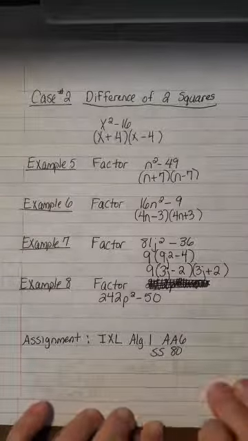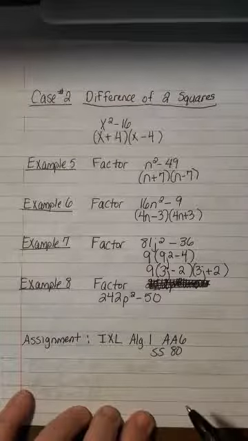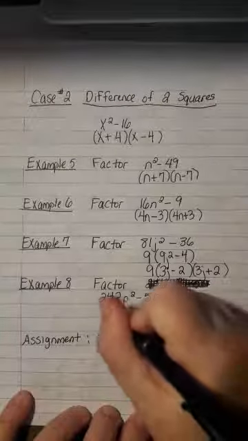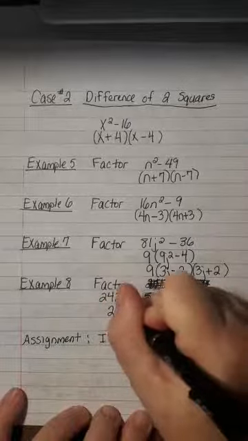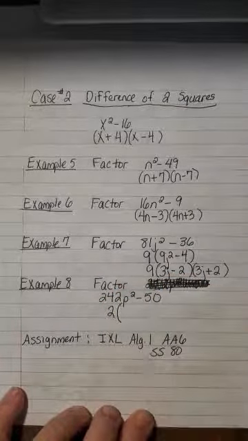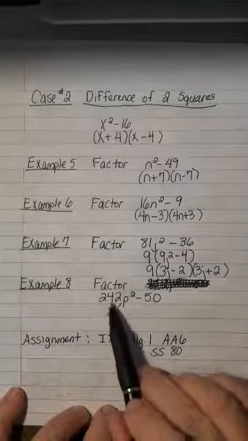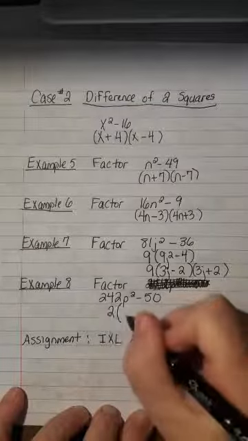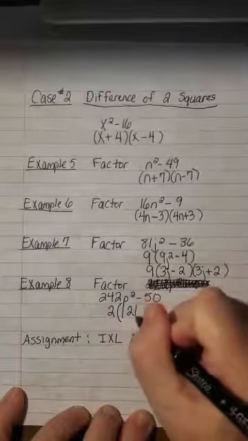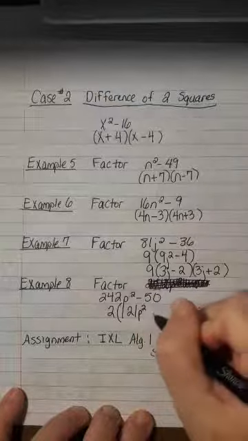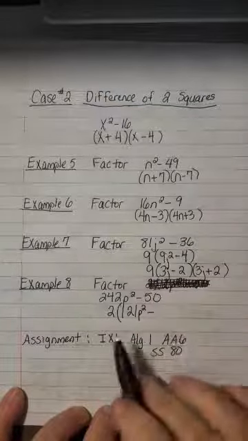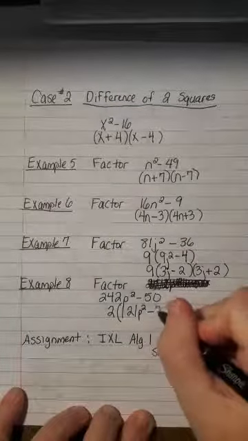And I do believe that is the greatest common factor. So I'm going to pull a 2 out front and then divide 2 into each term. When you divide 2 into 242p squared, you get 121p squared. And then when you divide 2 into 50, you get 25.